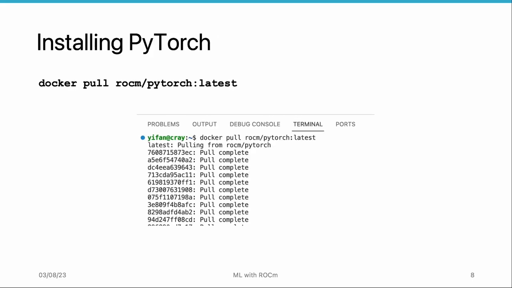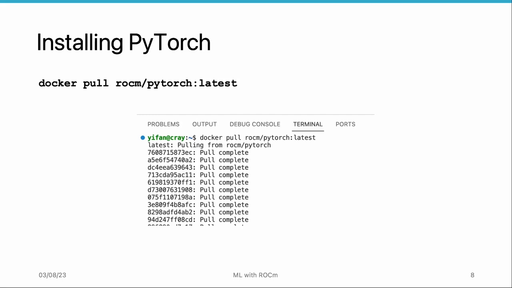When it comes to installing PyTorch, we will come across various methods, but we will share the recommended approach, which is using the Docker image with pre-installed PyTorch. This method saves you time by eliminating the need for manual compilation, allowing you to quickly get started with PyTorch.